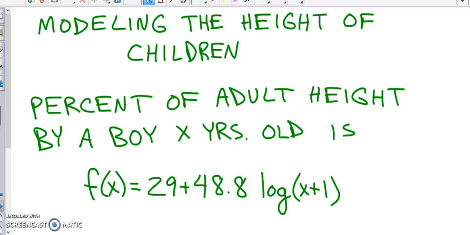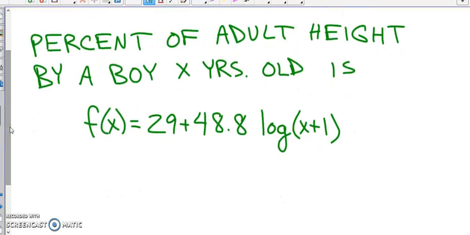Clearly they did some statistical analysis to come up with this. Somebody did something somewhere to figure that out.